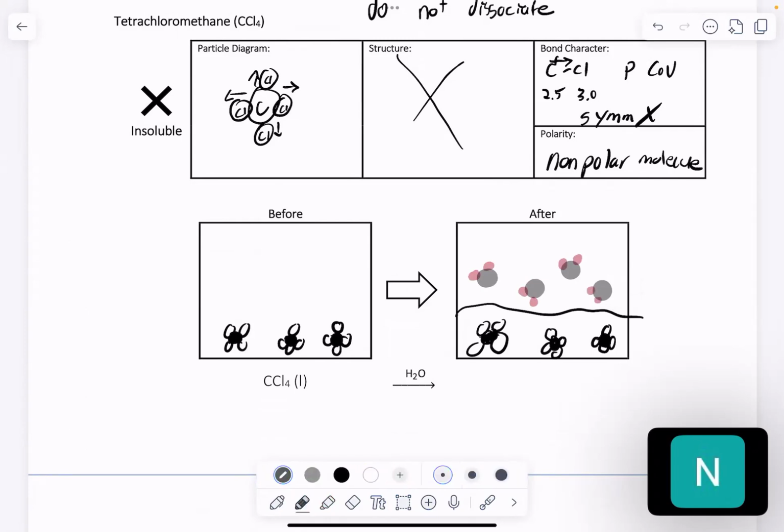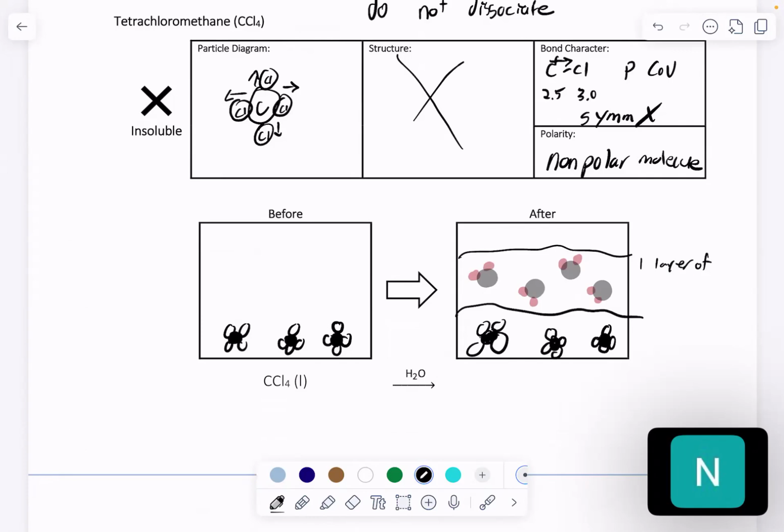So when I'm done, my diagram would look something like this. We have 1 layer of water, and we have a second layer of our CCl4. This is what we call an insoluble substance.